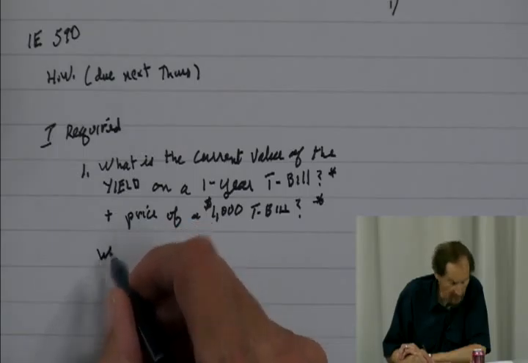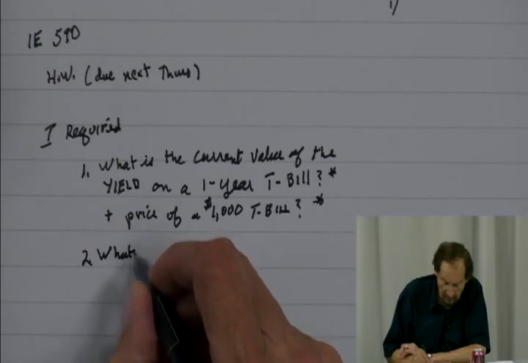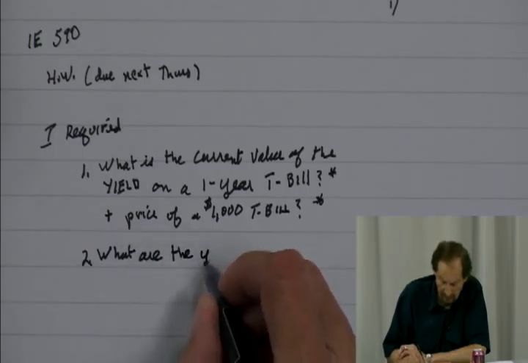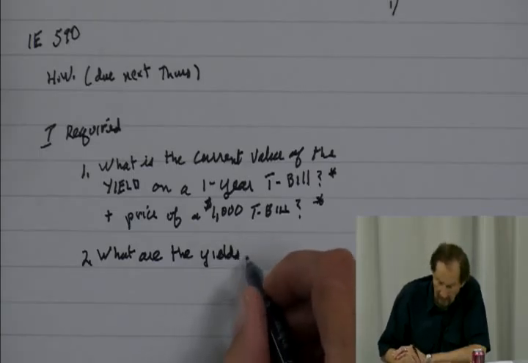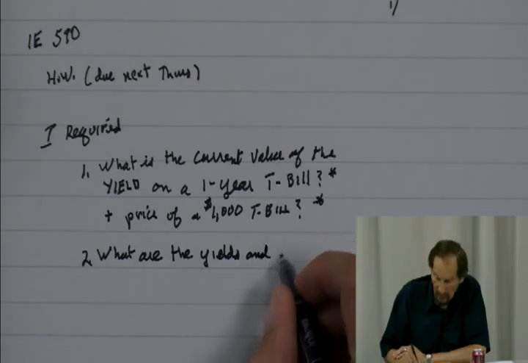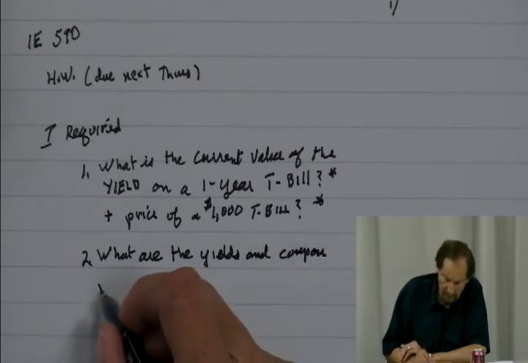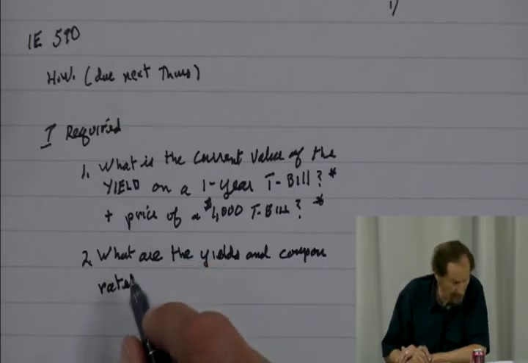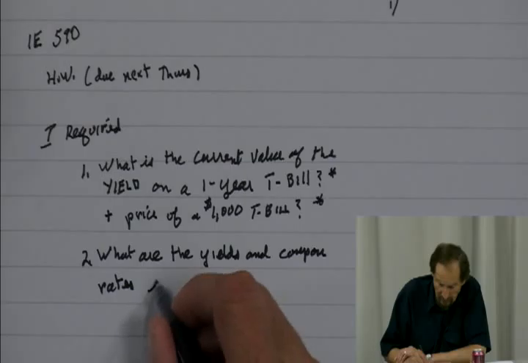And we'll also say, 2, what are the yields and coupon rates? We'll talk about coupon rates in a second today, for a 10-year T-note and a 30-year T-bond.